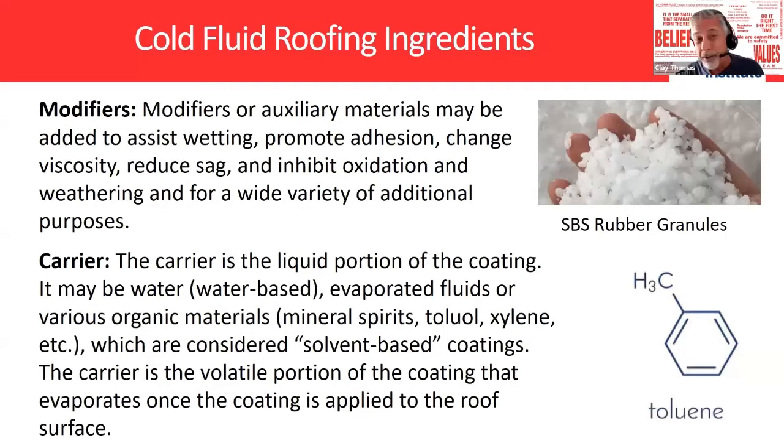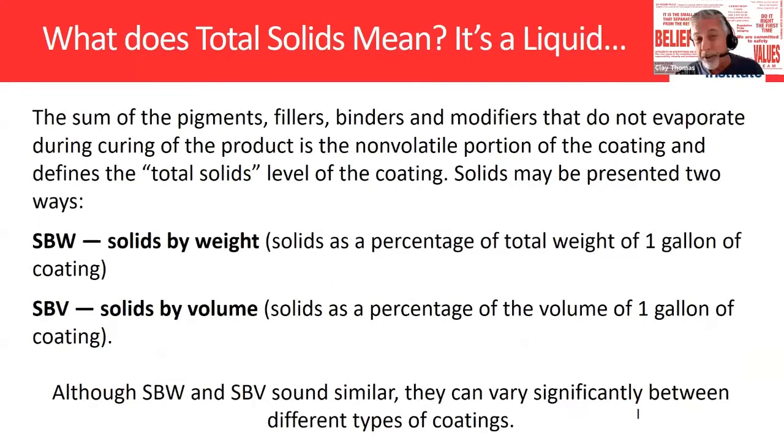And again, the carrier is what evaporates and goes away. So you guys, especially from Jimmy's class, and we're on the call last week, with any type of coating product, know its solids percentage. What is solids by volume or solids by weight.